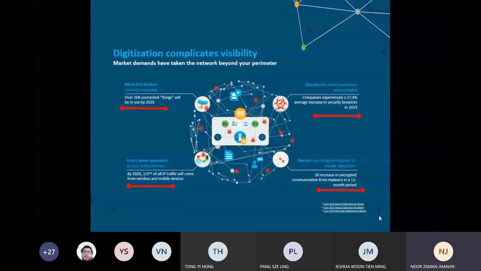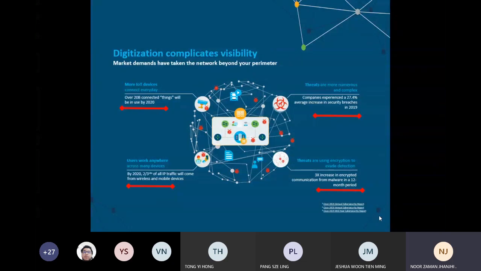Two-thirds of all the network traffic share will be taken by wireless devices, in other words, wireless networks. This shows us how important wireless networks are. Two-thirds means it is taking more than 33%, even more, because it is two-thirds, not 33.